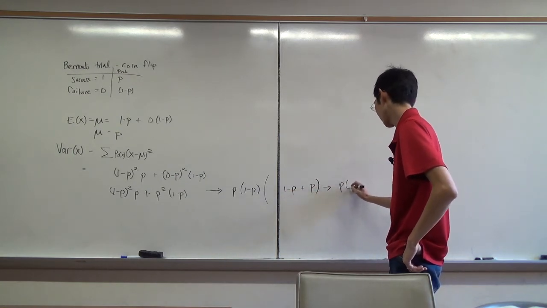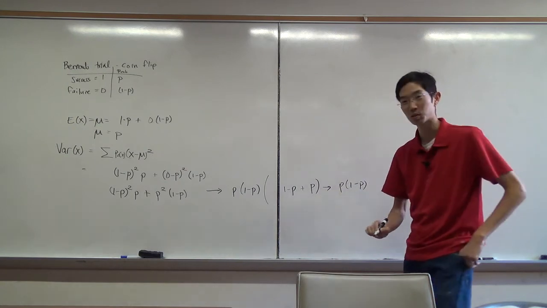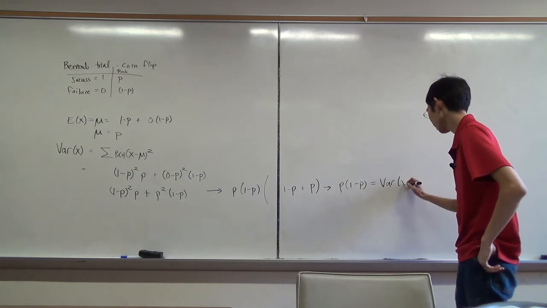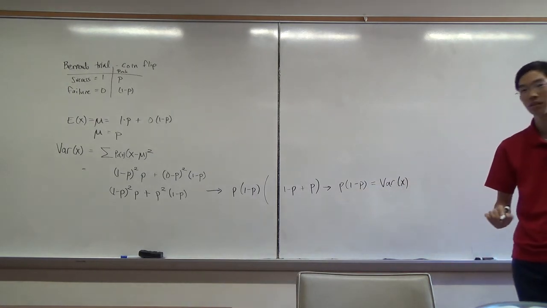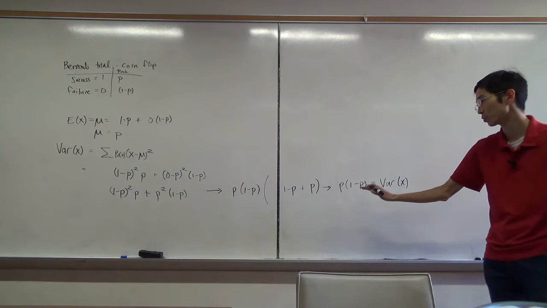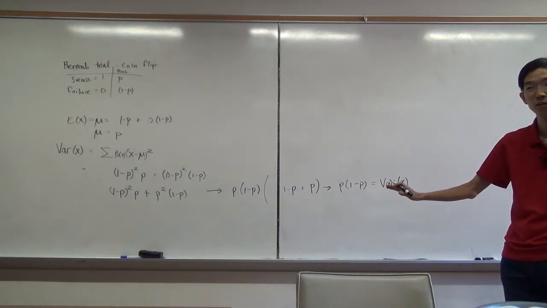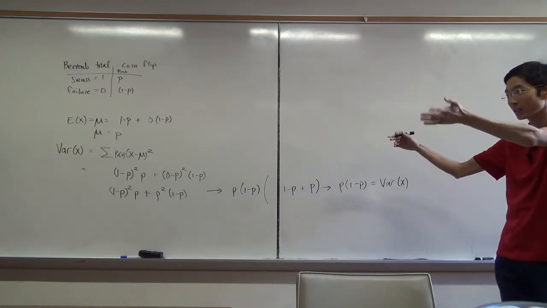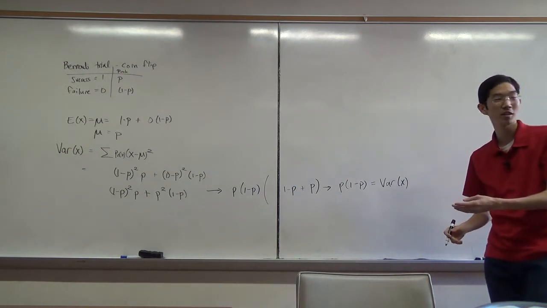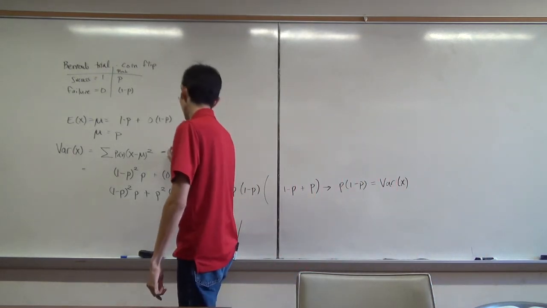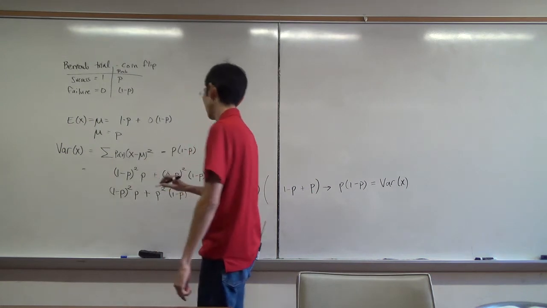And so I have p times 1 minus p. Okay, so this is the variance of x. So the variance of x is p times 1 minus p. Okay, is that okay? That's for a single coin flip or Bernoulli trial. So the variance is p times 1 minus p.